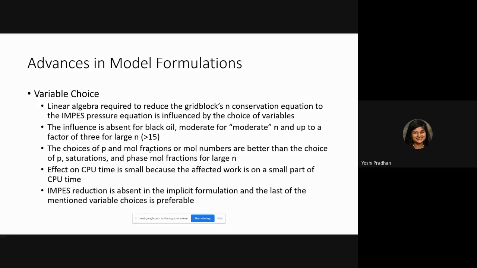The influence is absent for black oil, moderate for moderate N, and up to a factor of 3 for a large N. And the choices of P and mole fractions or mole numbers are better than the choice of P, saturations, and phase mole fractions for a large N. And then the effective CPU time is small because the affected work is on a small part of CPU time. An IMPES reduction is absent in the implicit formulation, and the last of the mentioned variable choices is preferable.